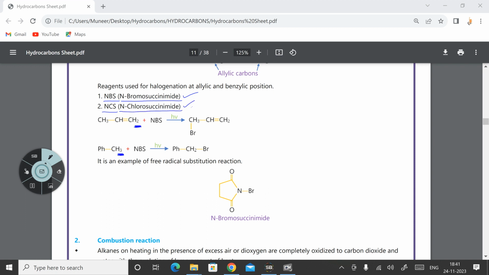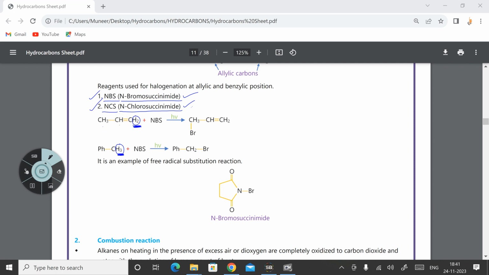These reagents are used to substitute allylic hydrogen atoms or benzylic hydrogen atoms. Which reagent? NBS or NCS.